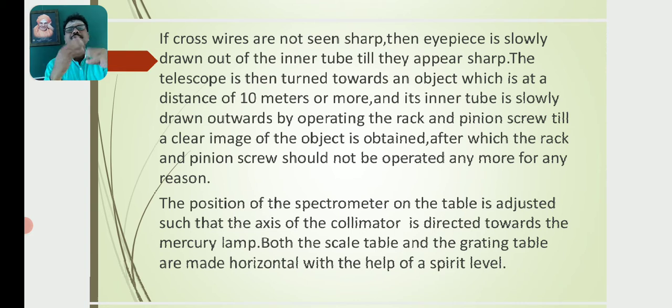The telescope is then turned towards an object at a distance of 10 meters or more, and its inner tube is slowly drawn outwards by operating the rack and pinion screw till a clear image of the object is obtained. After this, the rack and pinion screw should not be operated anymore for any reason.